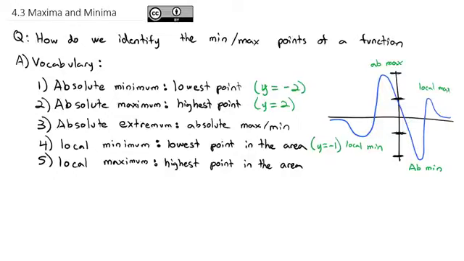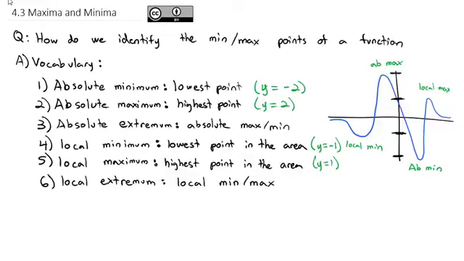It's the highest mountain in the area. It's just not the highest mountain overall. And that one has a height of 1, so we would say that is y equals 1. And similarly, we can lump those together and call them the local extrema, which is all the local min-maxes grouped together.